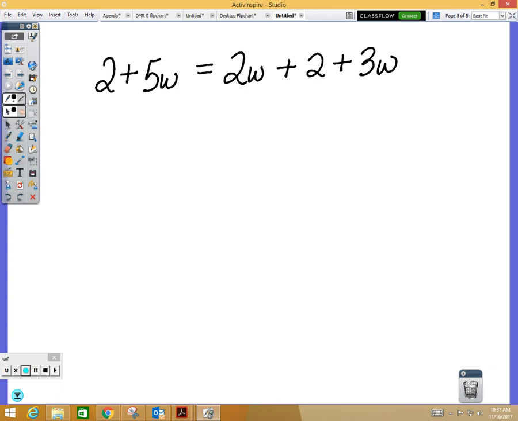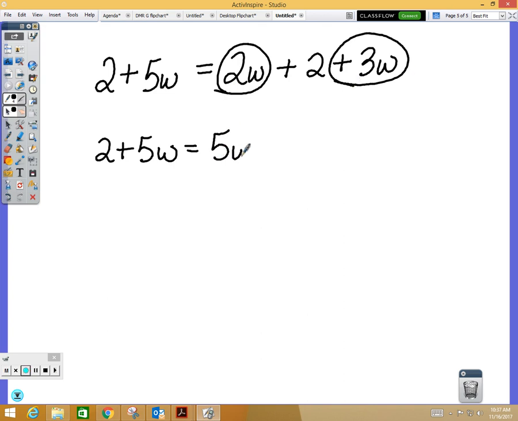Can I distribute? No. Can I combine like terms? Yes. So let's combine like terms. I have a 2w that can combine with a 3w. And then I don't have anything that can combine with that. So it's by itself. Anyone notice anything?